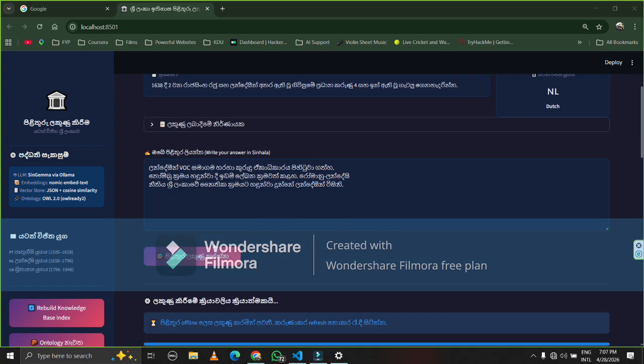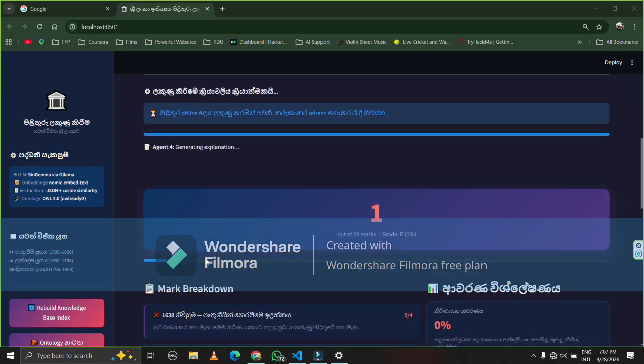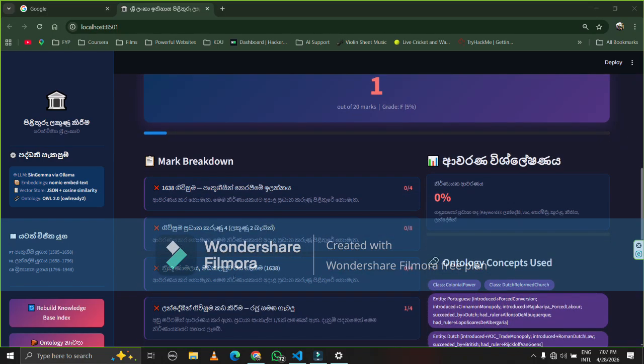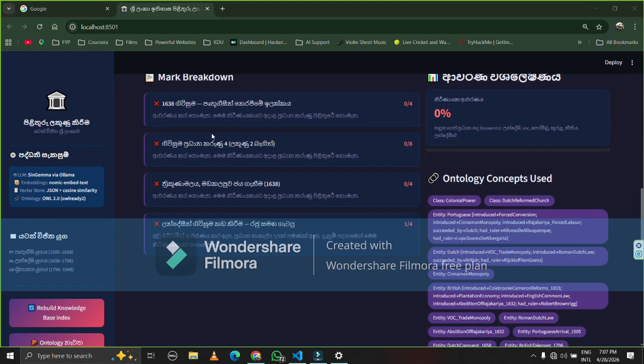So the HelaGuru model has identified that, and it has compared it with the RAG retrieval concepts that it retrieved for the question, and it has found only one concept that needed to be there, and there were no keywords that needed to be there.